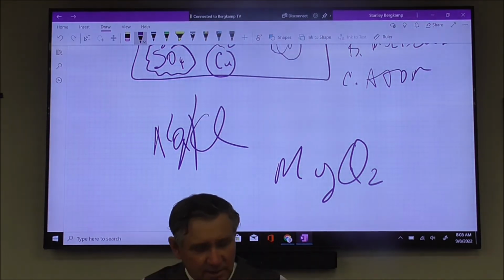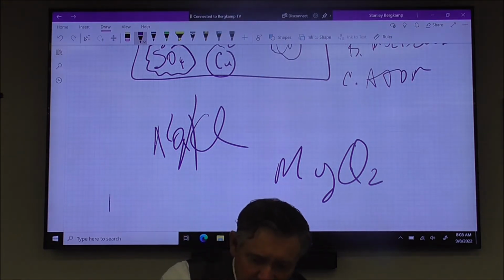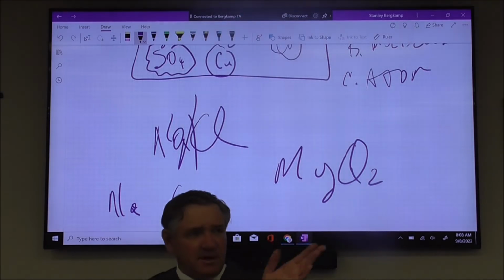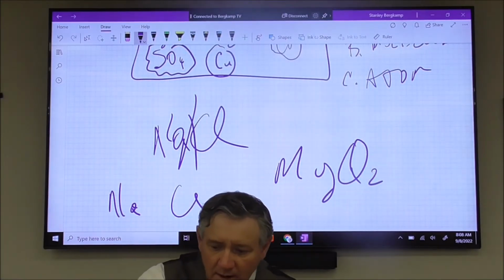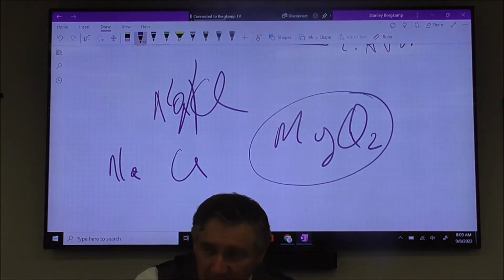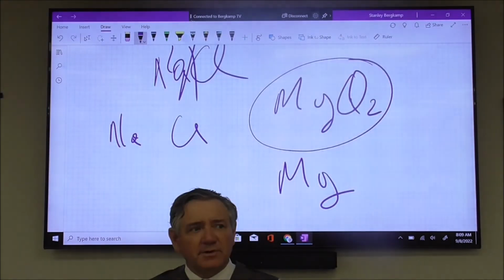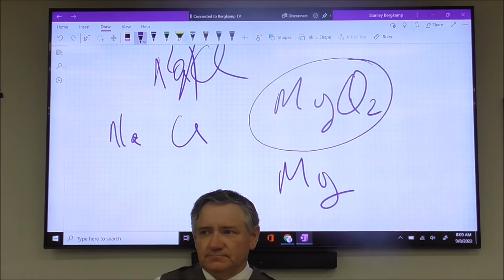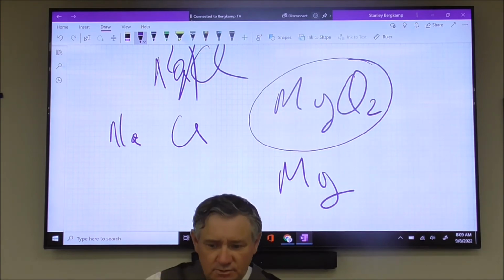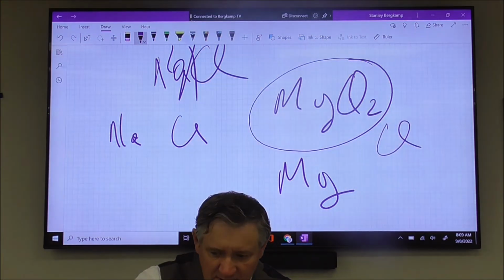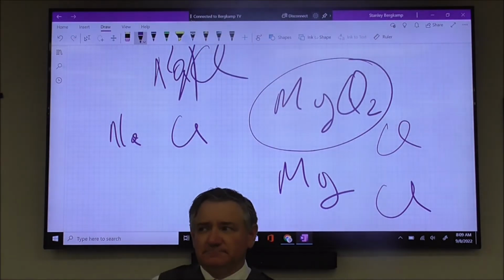So the sodium floats off by itself, and the chlorine floats off by itself. Now, when the magnesium chloride does that, you get one magnesium, but how many chlorines do you get? 2. So you get Cl and Cl.